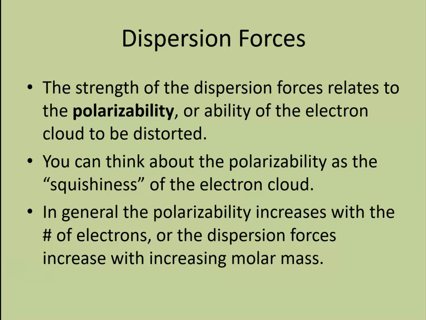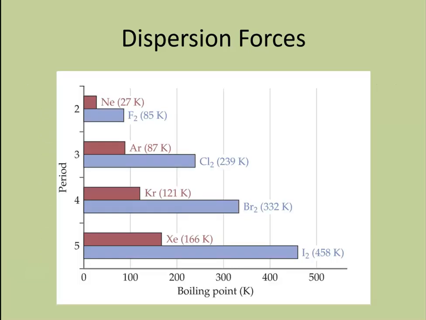In general, the polarizability is going to increase with the number of electrons, which means that the dispersion forces increase with increasing molar mass. So I've got a slide here that's a little bit difficult to explain, but let me see if I can do a decent job. The maroon things here are the noble gases in periods 2, 3, 4, and 5: neon, argon, krypton, and xenon.